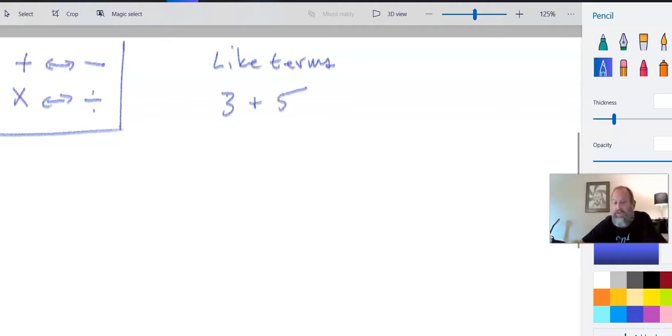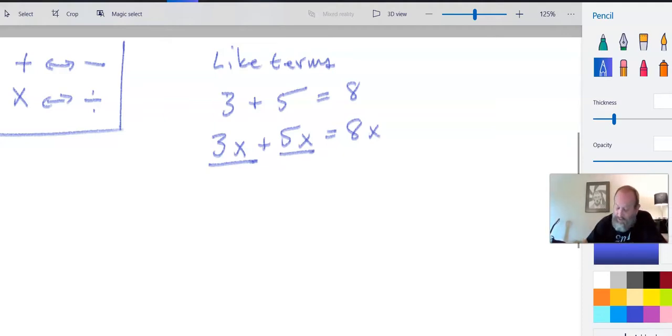You can consider those like terms and combine them into an 8. But even if I had a variable on here, as long as it's the same variable and I have the same number of each variable, what I end up with is 8x. Because this is telling me I have 3 x's here, I have 5 more x's here, so altogether I have 8 x's. It's telling you how many of what you have.